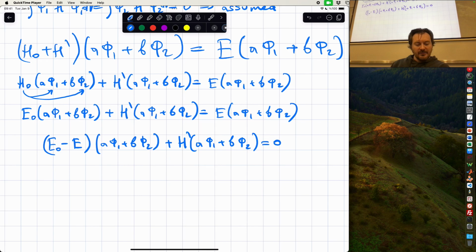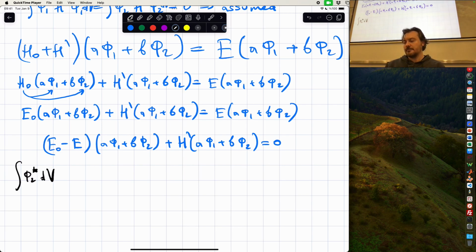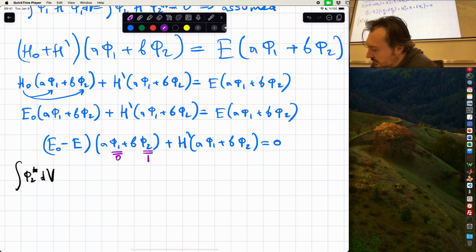To simplify things, I can take the integral of this equation. So I take this equation and multiply by phi 2 star and integrate over dv. What do I get? Phi 2 star phi 1, what do I get from here? 0. What do I get from here? 1.